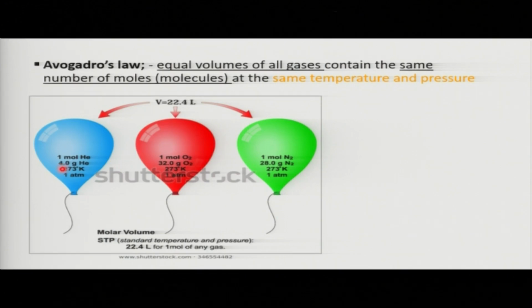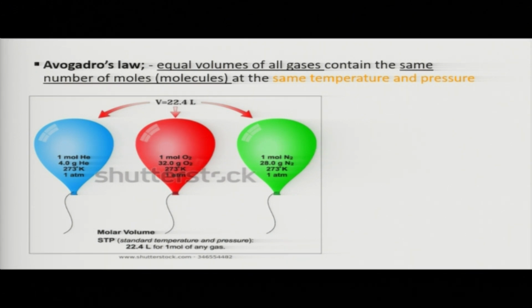But because they are at the same temperature and pressure, 1 atmosphere and 273 Kelvin, which is 0 degrees Celsius, they will occupy the same volume.